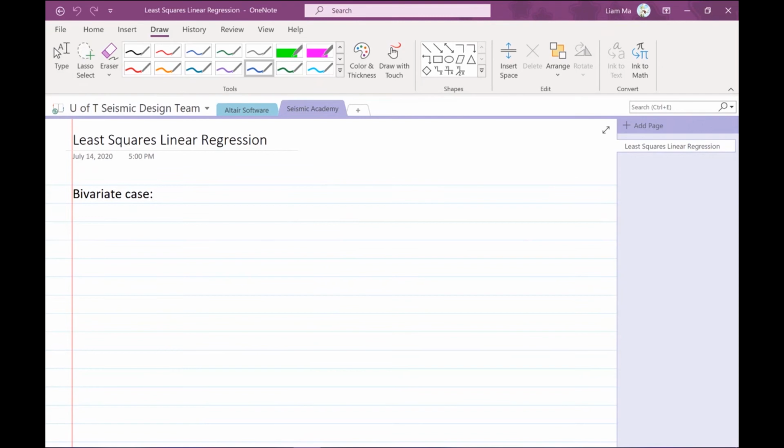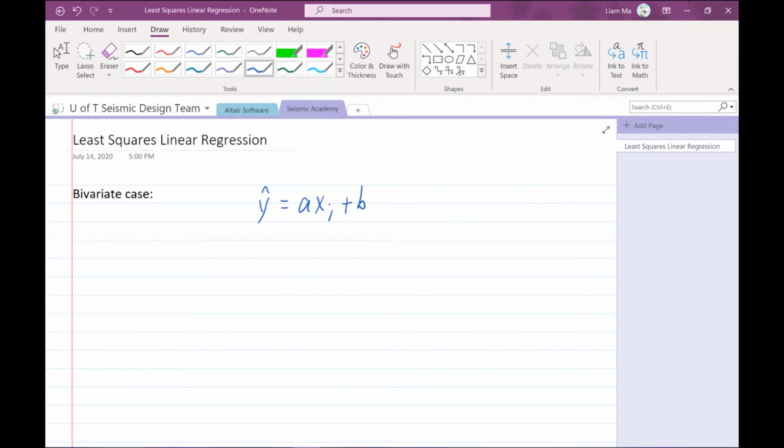So in our bivariate case, our regression model is y hat is equal to a times x sub i plus b. So a represents the slope of the line, and b represents the y-intercept of the line.